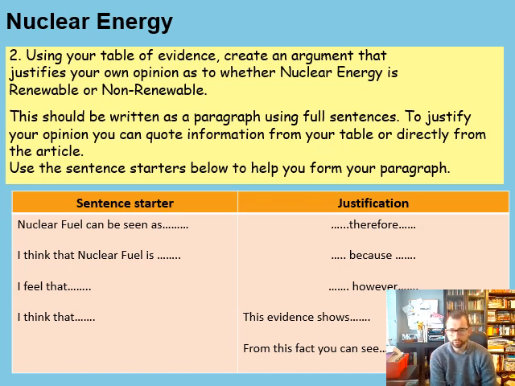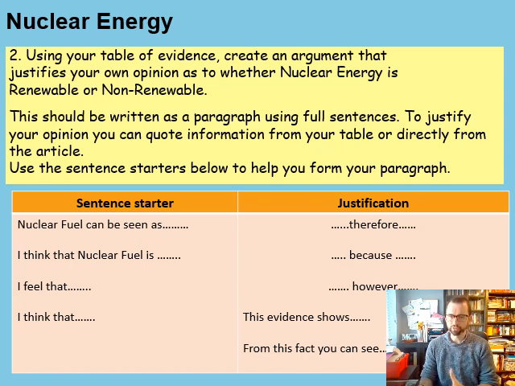So nuclear energy, once you've created your table of evidence, I'd like you to write a paragraph or two using full sentences to justify your opinion as to whether or not you feel nuclear energy is renewable or non-renewable. We've given you a few sentence starters here, so I would really like you to use the sort of "I feel", "I think", because at the end of the day, this is about your opinion.